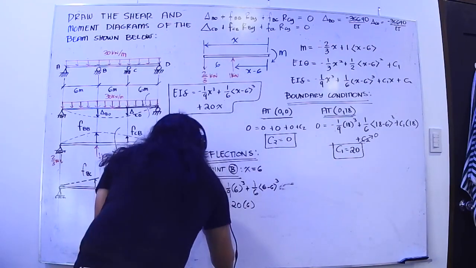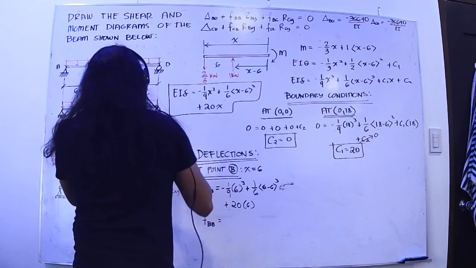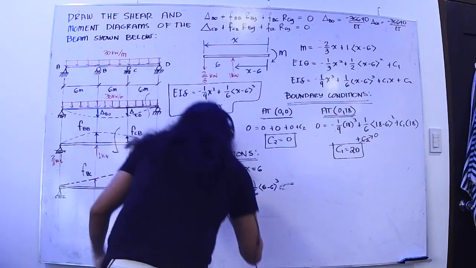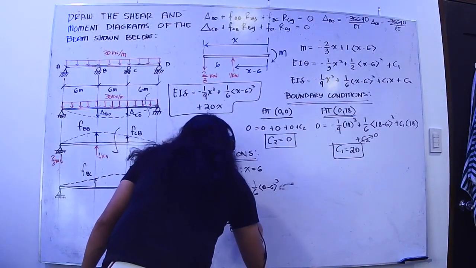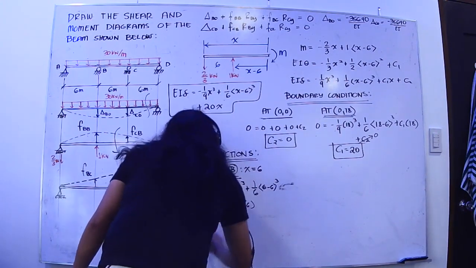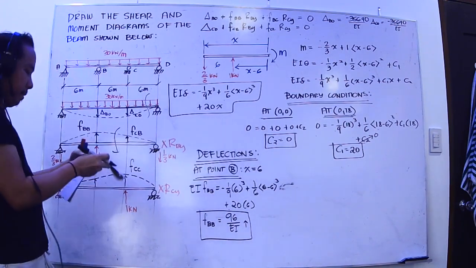Consequently, delta B should be equal to 96 over EI. This is going up, okay? We have something like that.